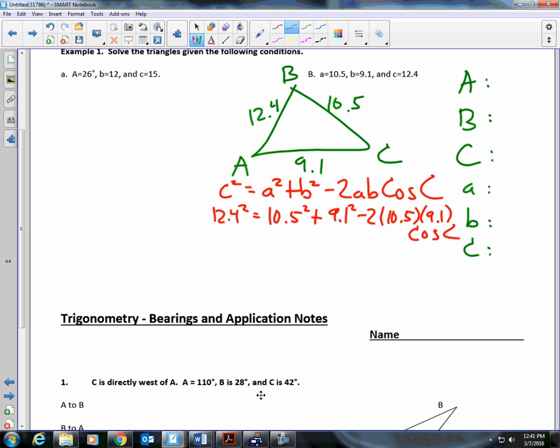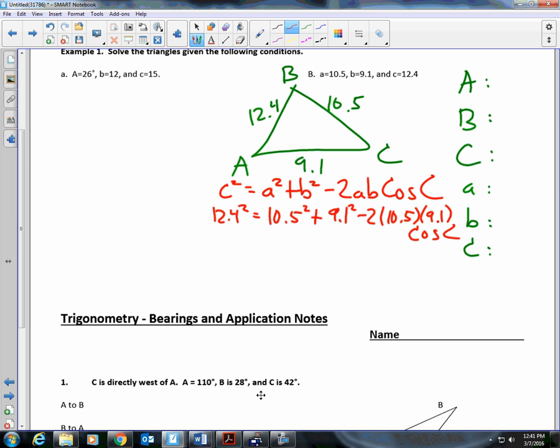You must take care of your multiplication, correct? So look at this. The negative 2, the 10.5, the 9.1, that is all multiplying the cosine of C. So what I'm going to do is subtract these pieces over here, figure out what that is, and divide it off.